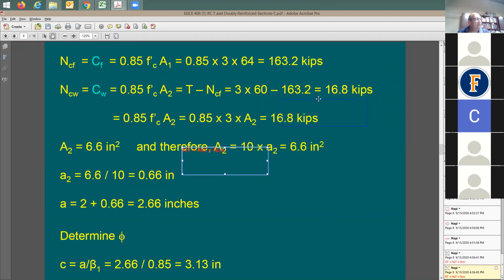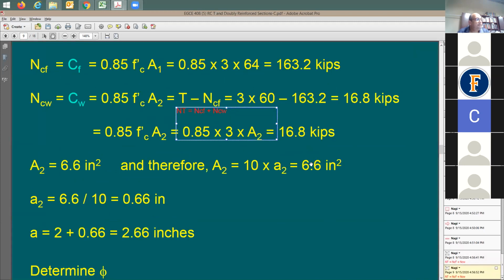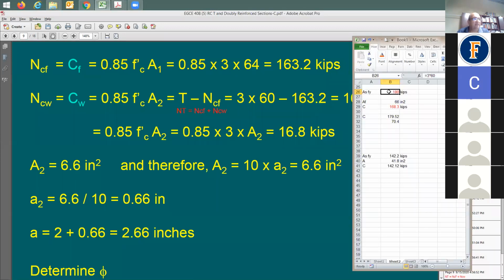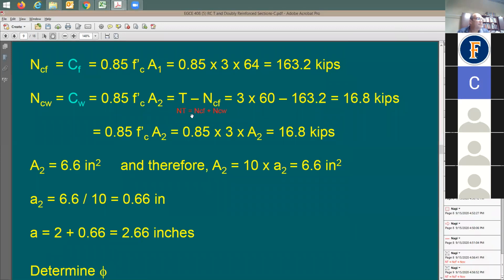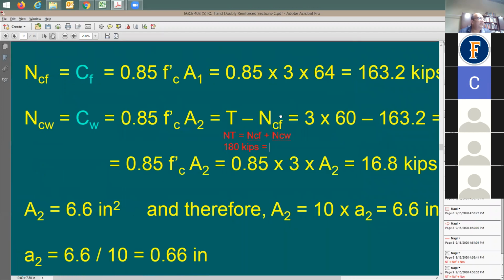I'm going to put it here. Do you have NT? Do you have the tension force? I'd like to hear from you guys. Yes, it's going to be 180 kips, correct? So 180 kips equals, this is going to be the tension force, it is equal to the compression force in the flange. Do we have it?